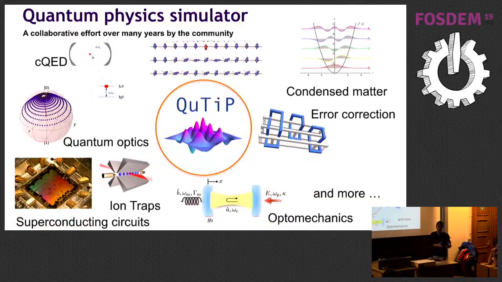So these were interesting to physicists. Circuit QED, quantum optics, ion traps, superconducting circuits, very recently optomechanics, and I started a request to implement something called error correction and topological circuits. But now to think of it, maybe it's like a completely different project on its own.